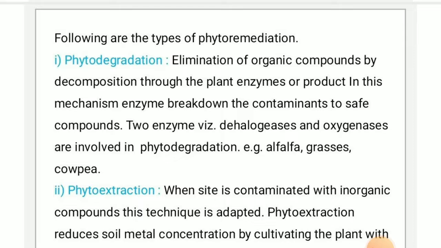Two types of enzymes, dehalogenase and oxygenase, are involved in phytodegradation. For example, alfalfa grass and cowpea. Alfalfa is a type of grass. The plantation of alfalfa grass can directly degrade the hazardous chemical substances released from industry if it is not well disposed.